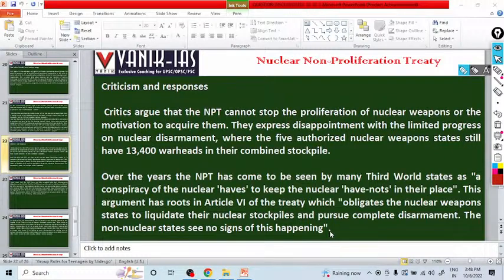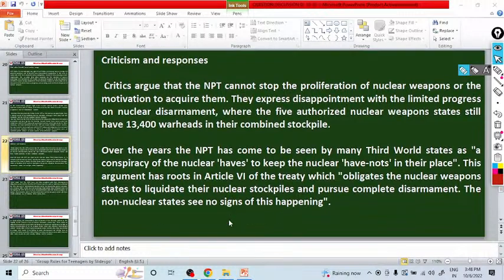But in these 52 years, the number of weapons has increased, and the nuclear hubs who are supposed to go for a disarmament drive and liquidate their nuclear weapons have not liquidated, rather they have added more to their nuclear stockpile. This is the biggest criticism of this particular treaty.